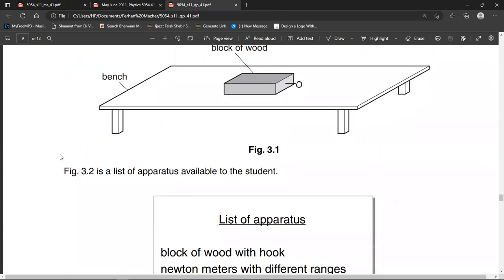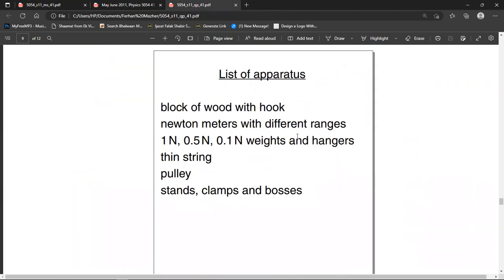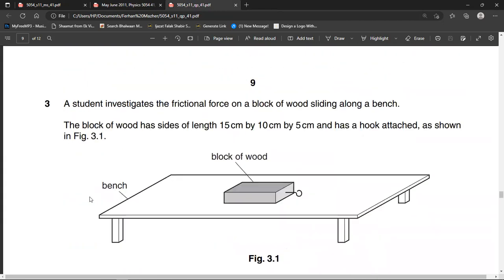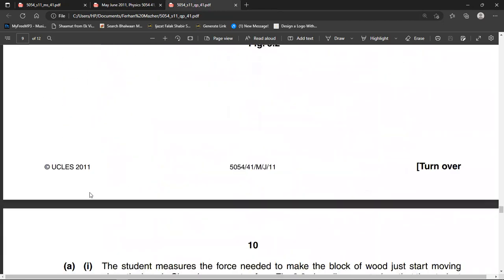Figure 3.2 is a list of apparatus available to the student: block of wood with hook, Newton meters with different ranges, 1 Newton, 0.5 Newton, 0.1 Newton, weights and hangers, thin string, pulley, stands, clamps, and bosses.